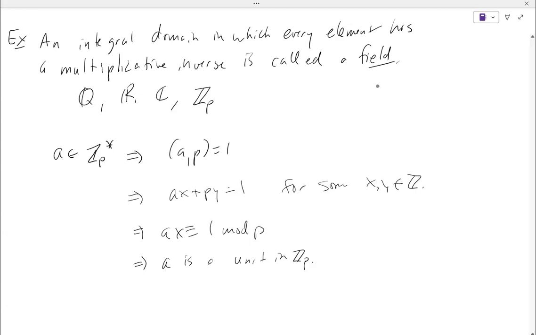So every non-zero element is a unit. Every non-zero element has a multiplicative inverse in Z mod P. So that makes Z mod P a field. So it's a finite field, and we'll talk more about finite fields later. Probably in chapter 5, I think it is.